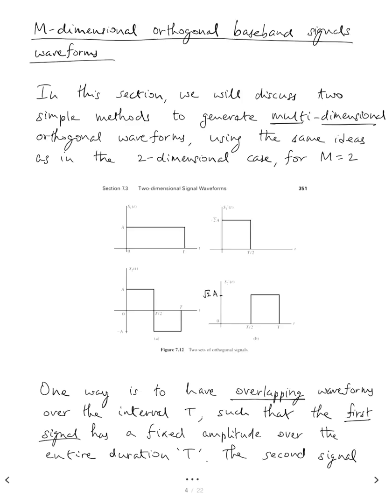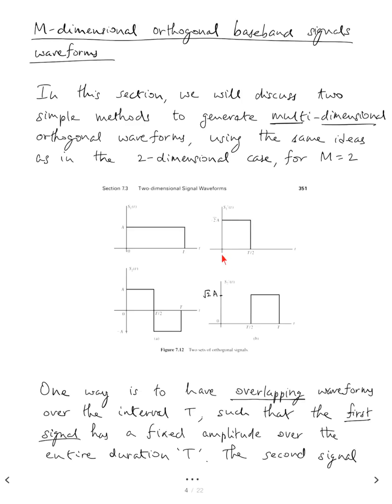The difference between their construction is that the first set, S1 and S2, has an overlapping set of waveforms. So S1 of t and S2 of t are overlapping in the time interval 0 to T. But if you notice the second construction, S1 dash and S2 dash, they are non-overlapping.